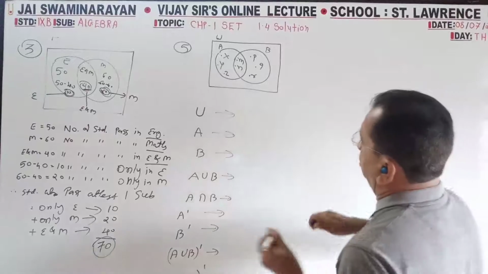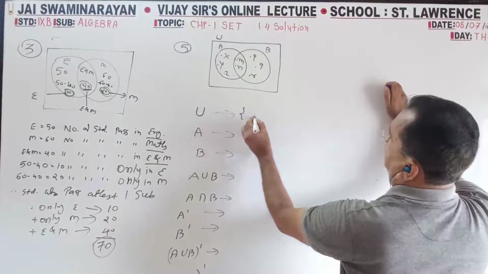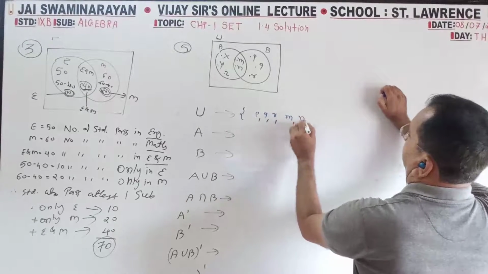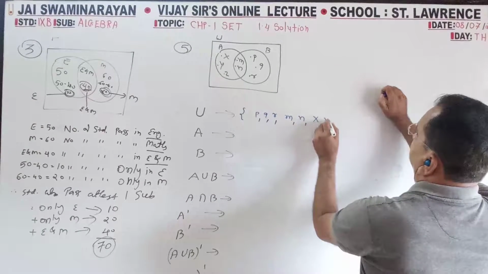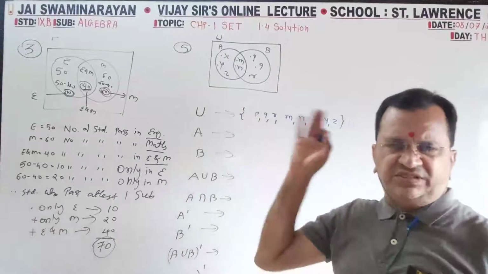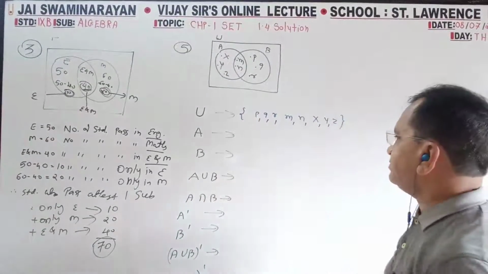U means all. What is that? P, Q, R, M, N, X, Y, Z. Universal means all the elements which are appearing, write all.